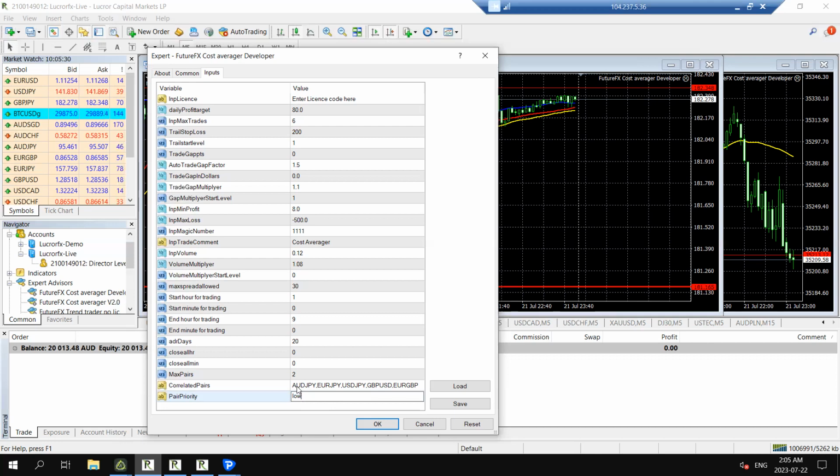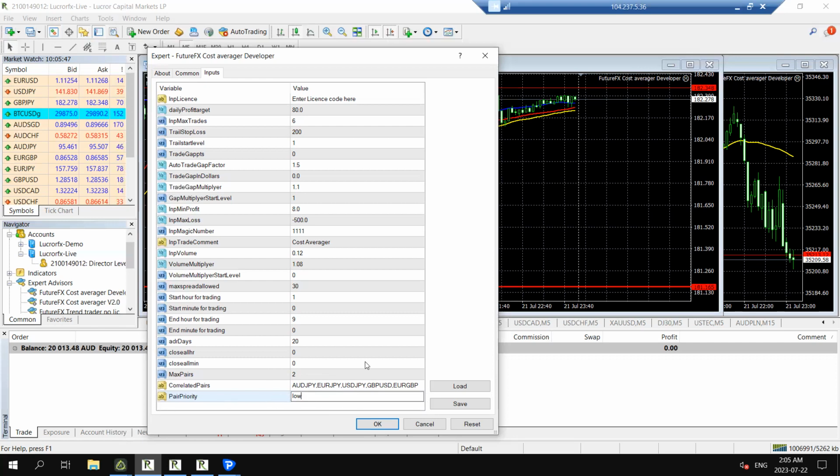So if you have AUD yen as a high priority, Euro yen as a medium priority, and USD yen as a low priority, then it will be the AUD yen pair that gets picked to fill in the second pair space. All right, so that is how those are meant to work.